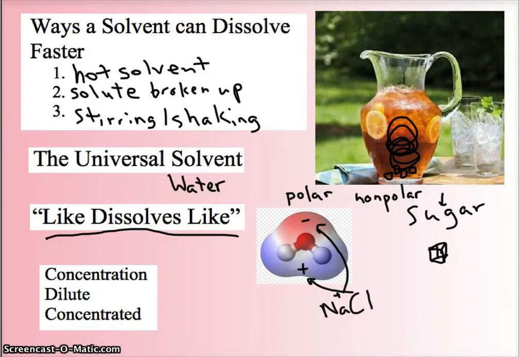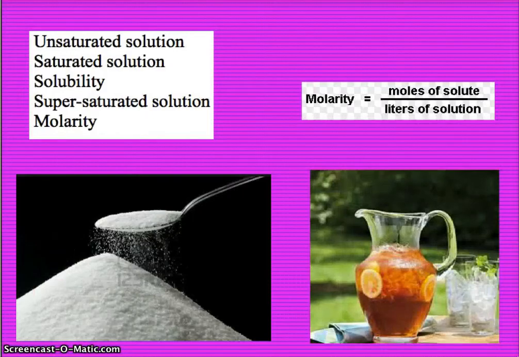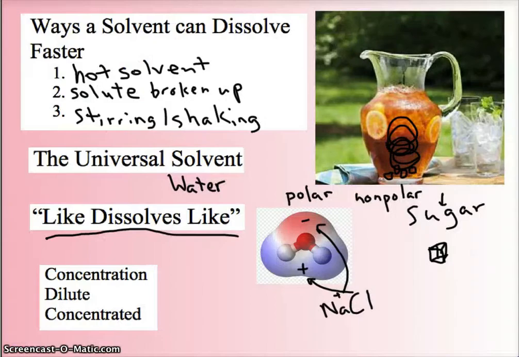Let's go to this next page. We have several things that I didn't get to yet. Concentration, dilute, and concentrated. The term concentration is the amount of solute in a given solution. If something is considered dilute, you have a small amount of solute.